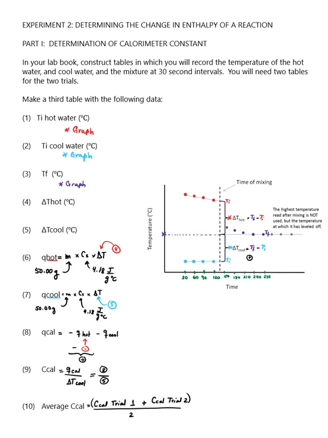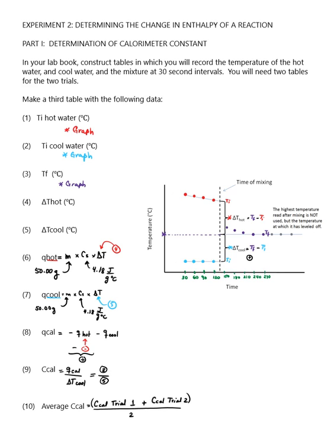Okay, if your first measurement of temperature is 40 Celsius degrees, that's not your initial temperature, because you're waiting to mix that hot water with the cool water for 2 minutes. So the initial temperature should be the last one that you're recording for the hot water by itself.